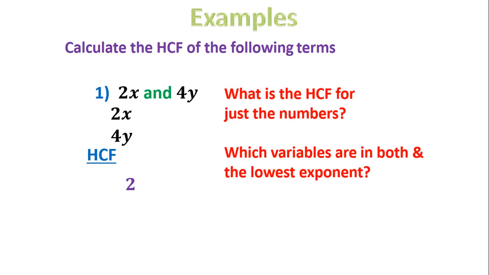So let's have a look. I have 2x and 4y. Do you see that there are no variables or letters that are the same in both terms? And so therefore my HCF is just 2, just the number. There are no letters involved, just the coefficients, no variables.